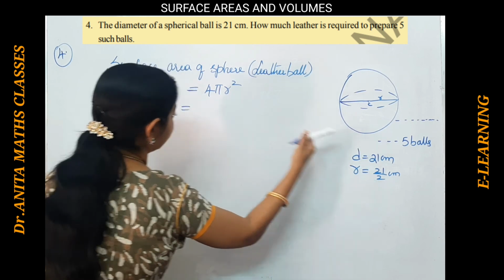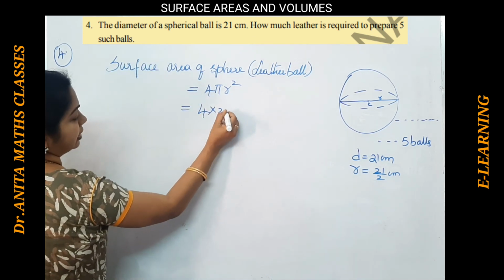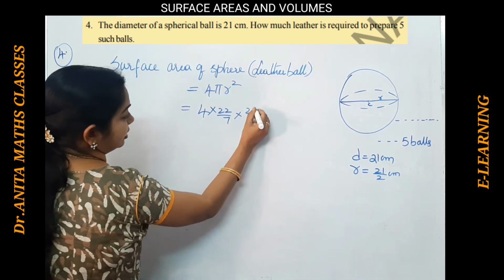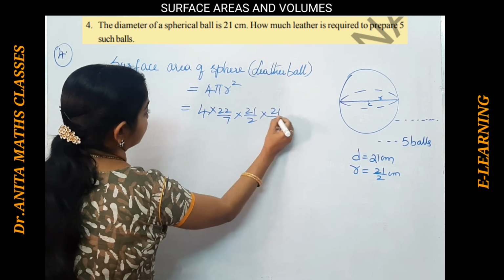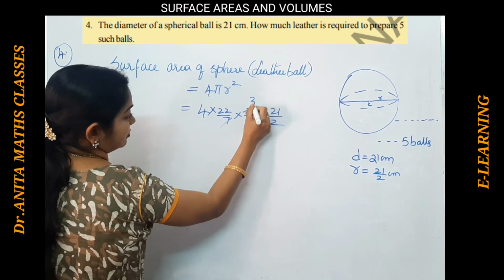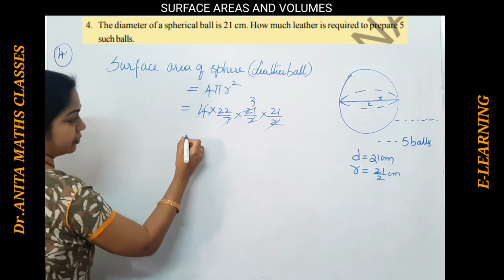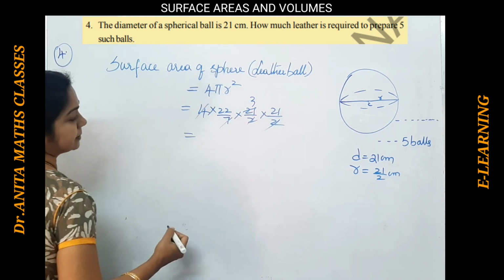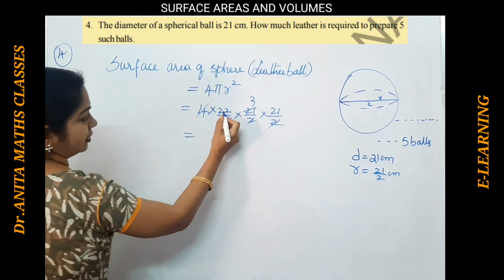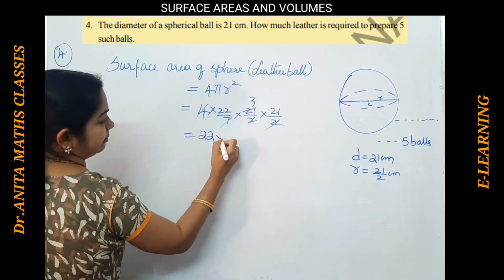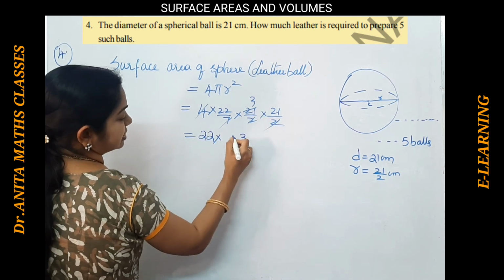Given r, 4 into 22 by 7 into 21 by 2 into 21 by 2. So 7 ones, 7 thrice, and 2 and 2 go off with 4. This comes to 22 multiplied by 21 threes, so 63.